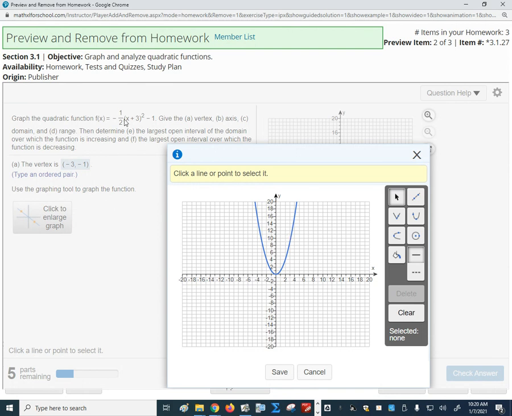So if I want to dilate this by -1/2, we want to pick the most convenient parent height to dilate by -1/2. Which point on our parent graph would be convenient to multiply by -1/2? What do you think, Olivia?